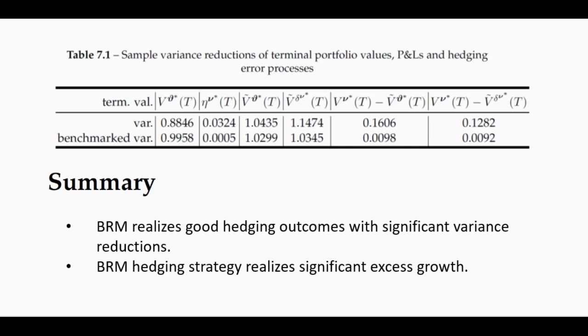So in summary, if the life insurance policies are priced or hedged under the benchmark risk minimization strategy, we see strong variance reductions on one hand, and on the other hand, the portfolio of life insurance contracts, as seen by the insurance company, actually realized a net gain.